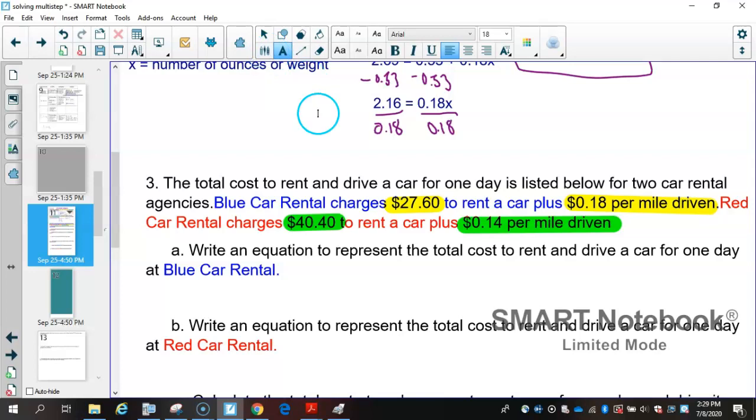So I'm going to say that that's M. And if you want to say D or P or anything else, that's fine. So this is number of miles driven. Right? Now, A asks us to write an equation to represent the total cost to rent and drive a car for 1 day. We don't know the total cost yet.